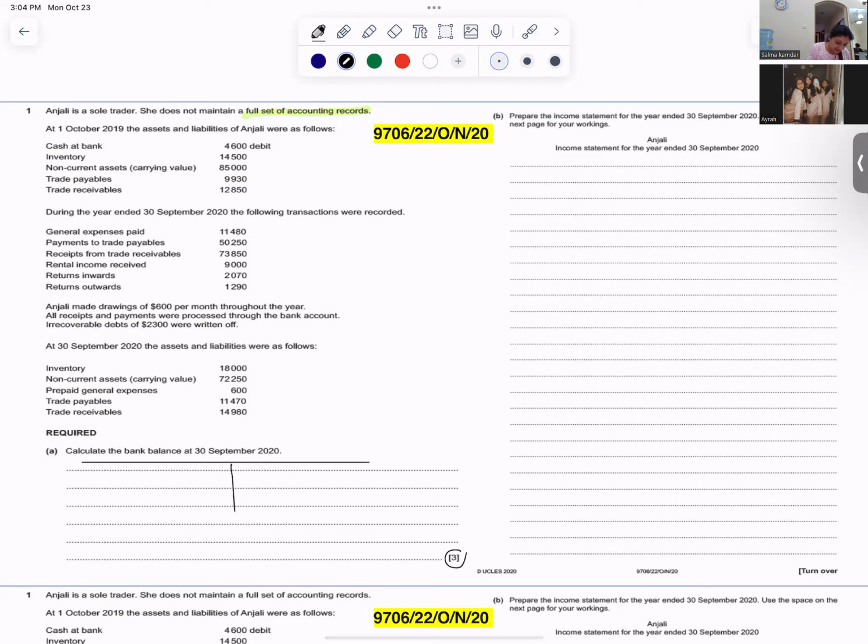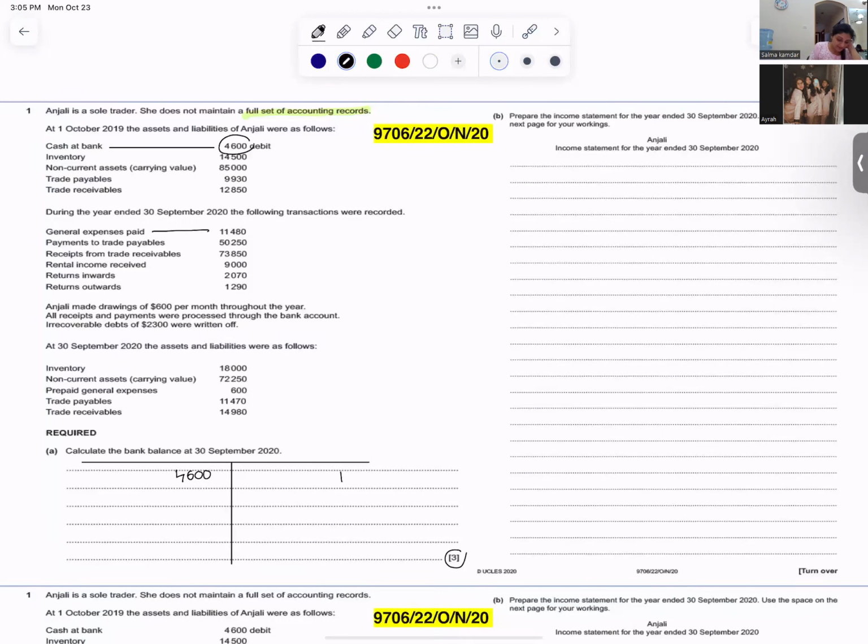Okay, fine. Let's see what is the information that is related to the bank account. So you have a bank debit balance of 4,600. So I will write it on the debit side. Below that you will have expenses paid. Can you see this? Yeah.